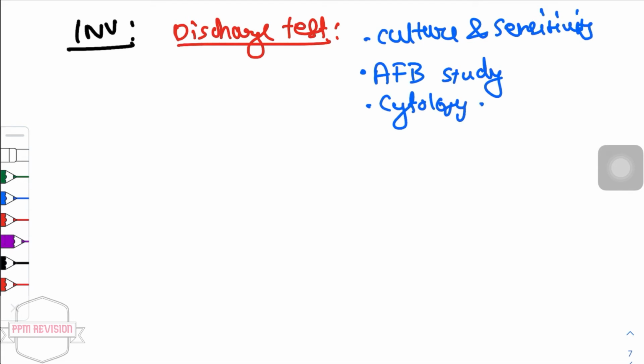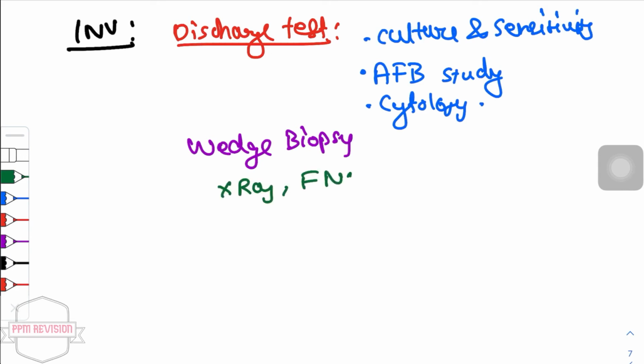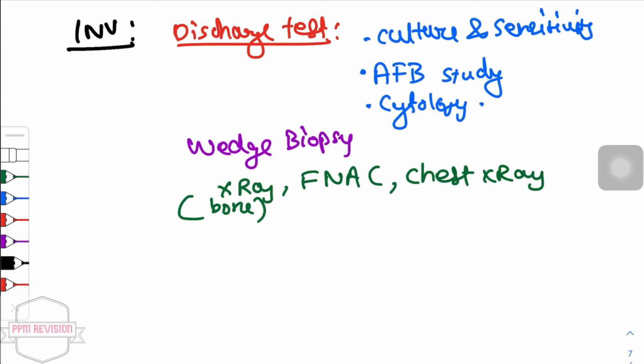Other points are wedge biopsy, X-ray, FNAC, and also the chest X-ray can be taken. The X-ray mentioned was for the bone, to look for any osteomyelitis, and we can rule out tuberculosis by performing the Mantoux test.